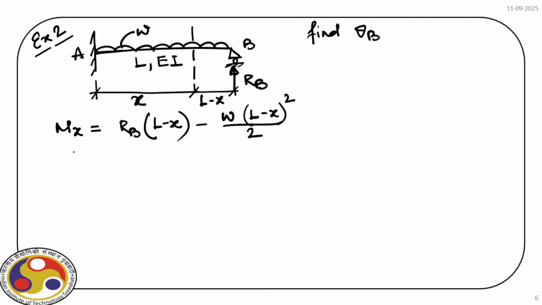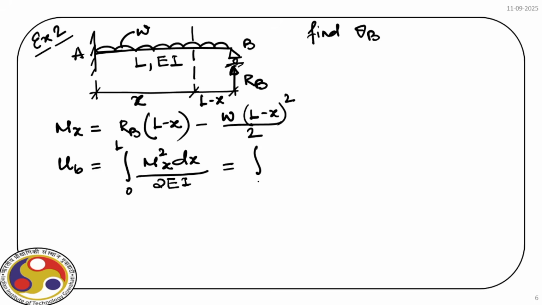Okay, now we can find out what is the total bending strain energy, and that is 0 to L M square x dx divided by 2EI. So we can put the expression of Mx here.